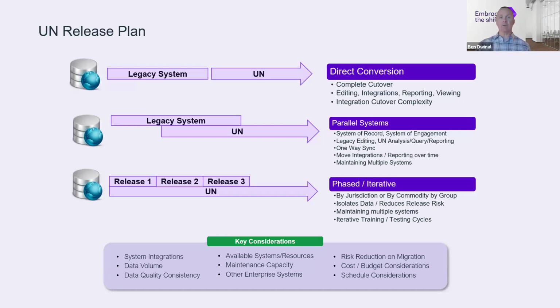Typically, if I select a direct conversion and consolidation for, let's say, a multi-commodity or multi-region organization, I would have the opportunity to potentially switch to a multi-release plan with little adjustments for those initial releases. However, it would extend the schedule, so there would be impacts and adjustments around those decisions.